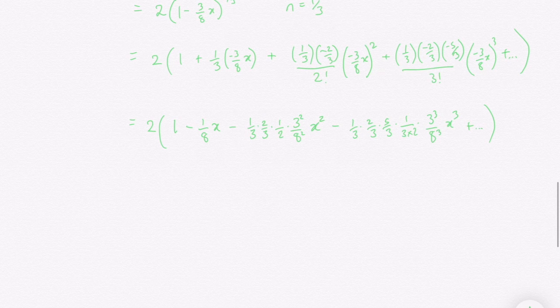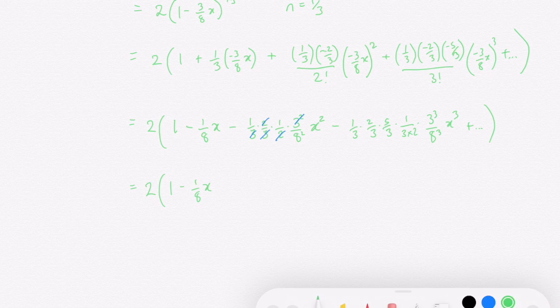Okay, and now we want to cancel some factors. So the first two, we get 2 lots of 1 minus an eighth of x. And here we have two factors of 3 that cancel and a factor of 2 that cancels. So this is subtract 1/64 of x squared.